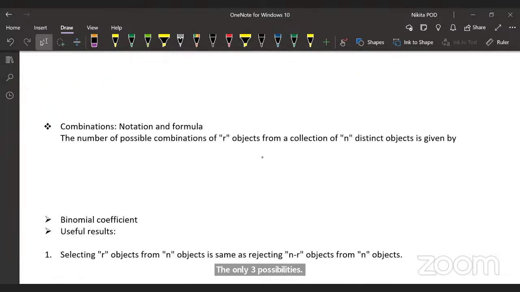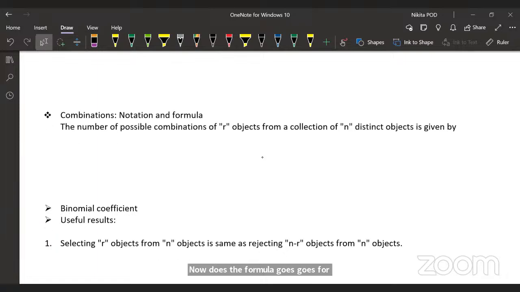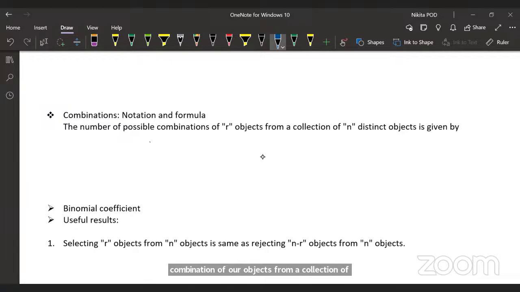And how does the formula go for this? The number of possible combinations of R objects from a collection of n distinct objects is given by n choose R, and this is n factorial divided by (n minus R) factorial times R factorial.